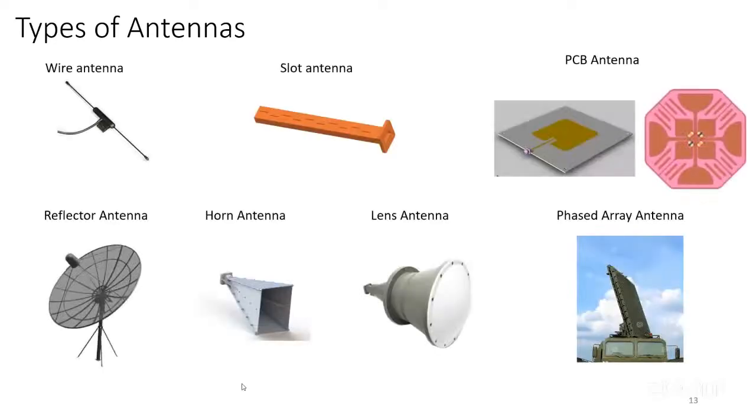These are the different types of antennas available: wire antenna, slot antenna, printed or PCB antennas, reflector antenna, dish antennas, where you see different types of dish antennas for your Airtel or dish connections, horn antenna, lens antenna, and phased array antennas.